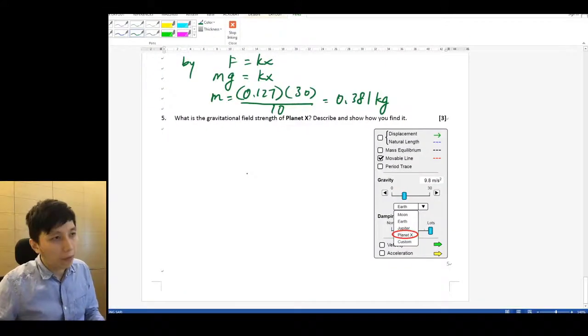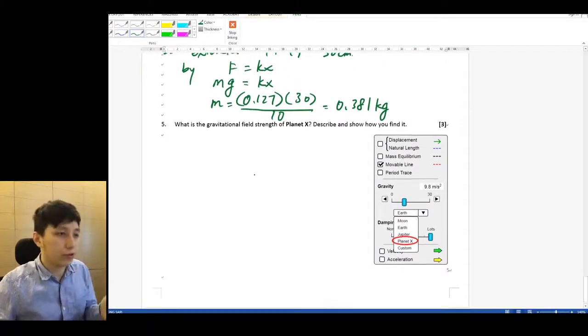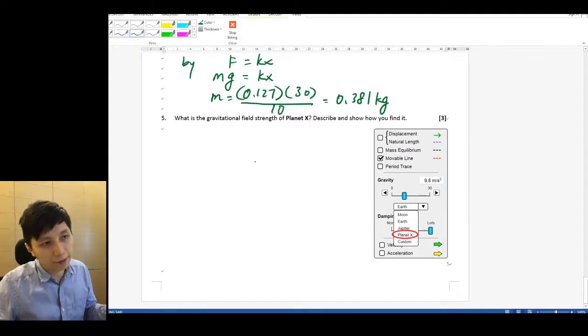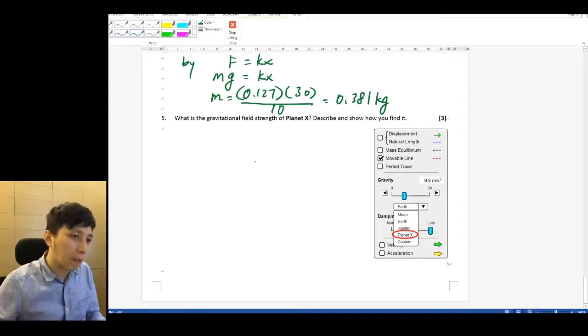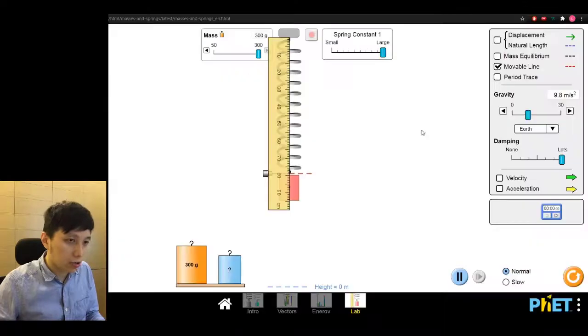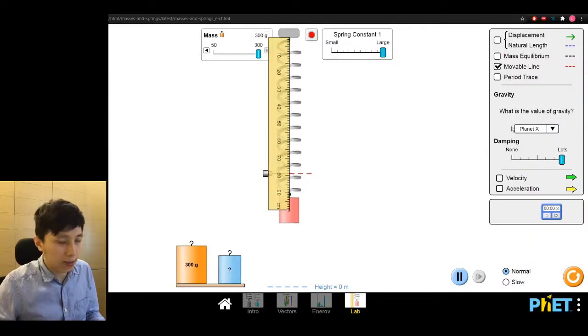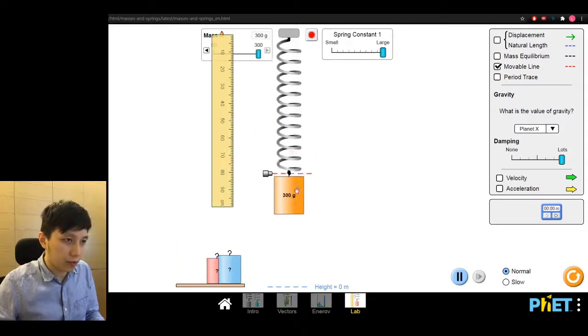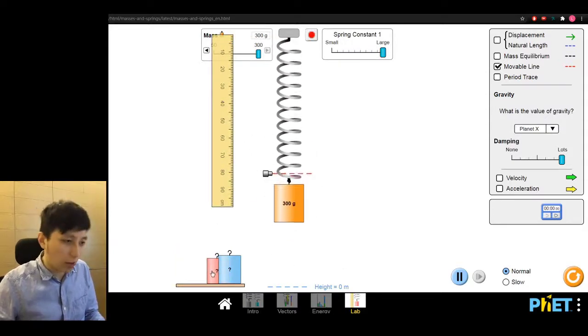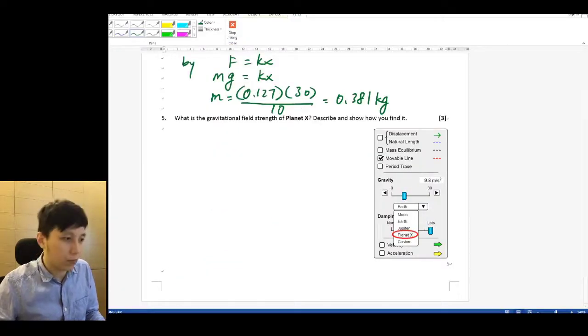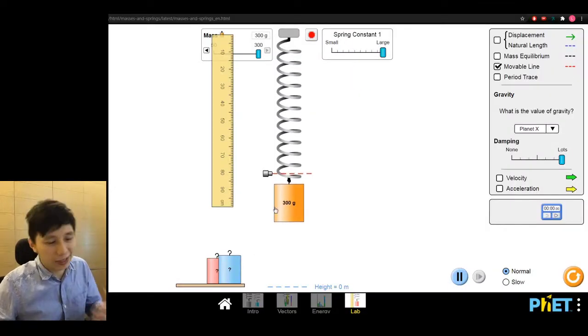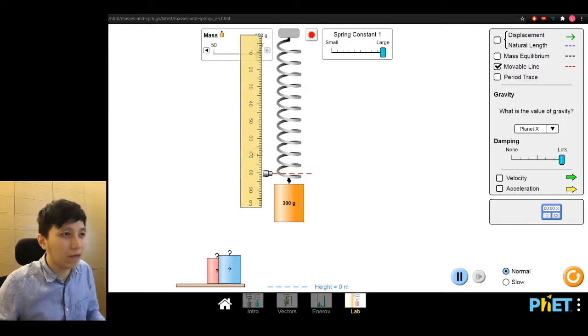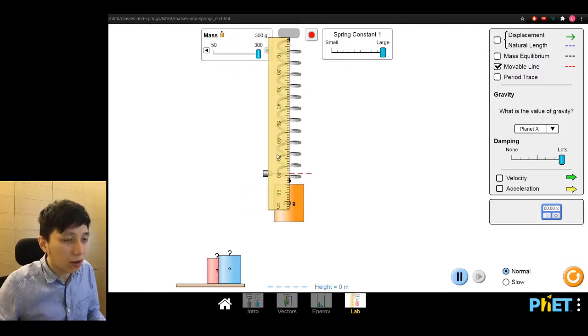Alright, lastly, if you know how to do question 4, then you should know how to do question 5 because it's very similar. Once again, we change the gravity to planet X, and that is an unknown. But we can stick with a known mass, or actually the red one is already known as well, but in case that one is wrong, I'll stick with this one. So here we've got the spring.